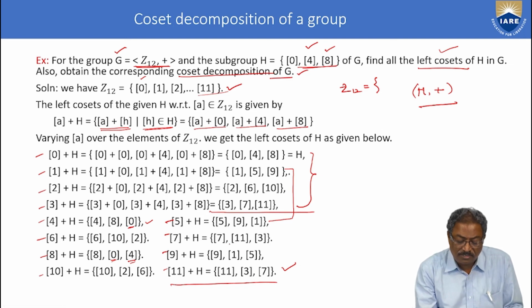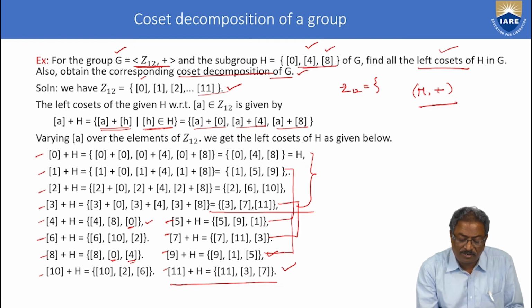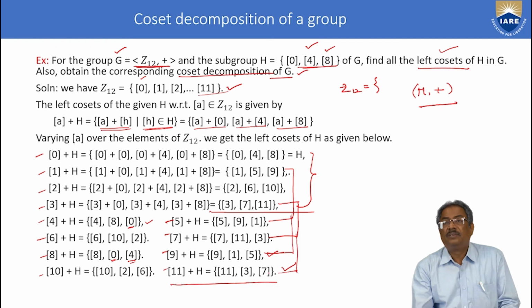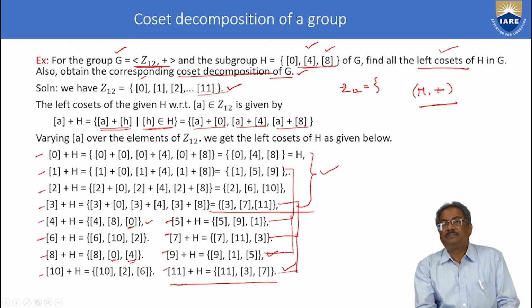Next, observe this 7 11 3, which is equal to this. Now observe 9 1 5 is this, and this is similar to this one. And now 11 3 7, once again, which is the same as this. So only the 4 are distinct.